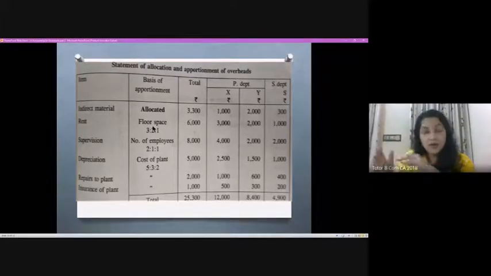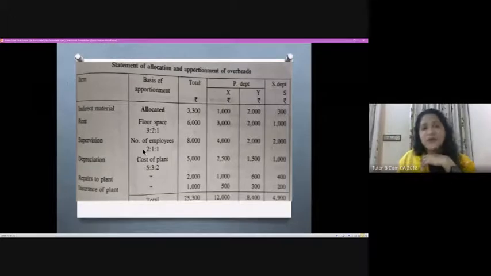Suppose the supervisor is common to X, Y, and S. So the logic of proportionate allocation of supervision expenses would be considering the number of employees in each department.